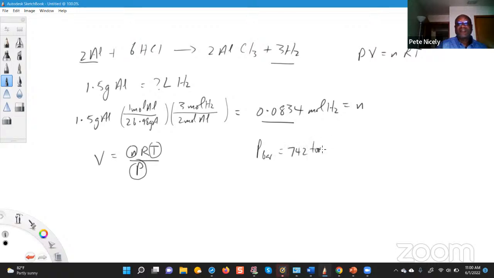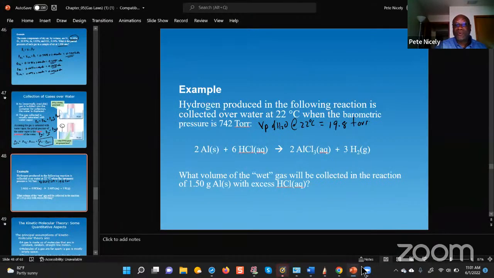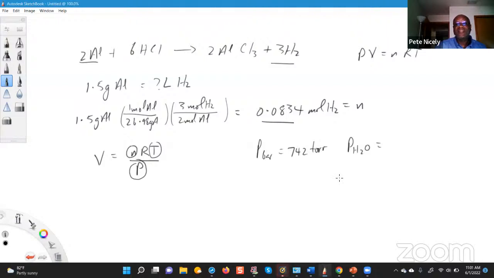And we know that the water vapor pressure, which I looked up, is equal to, what was it again? It was equal to 19.8 torr. So what that tells us is that the pressure of the hydrogen gas that's collected would be the difference between these two.